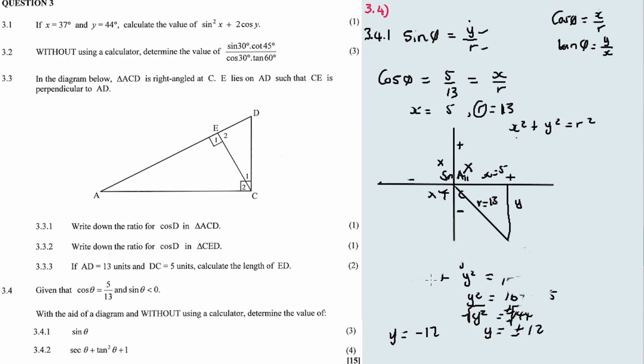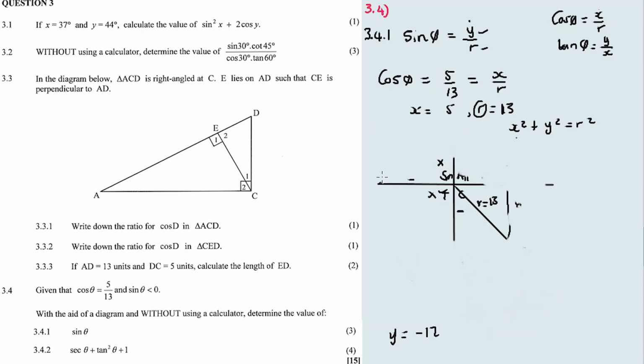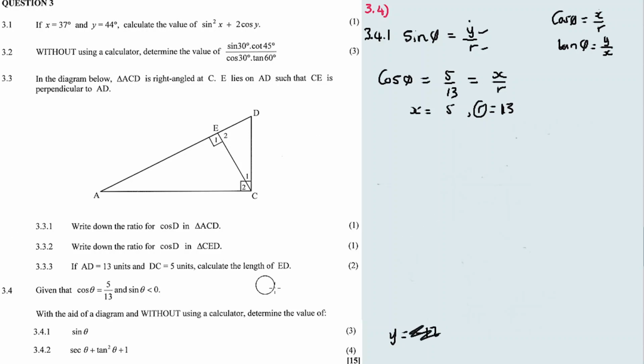So I think I'll erase here. And by the way, with marks, this diagram is where you draw in the marks. So I erase so that I give a space for calculating 3.4.2. Here we just calculated to show how we find y. We find y using the Pythagoras theorem.